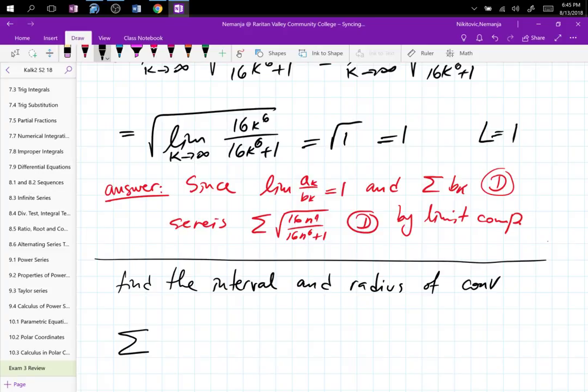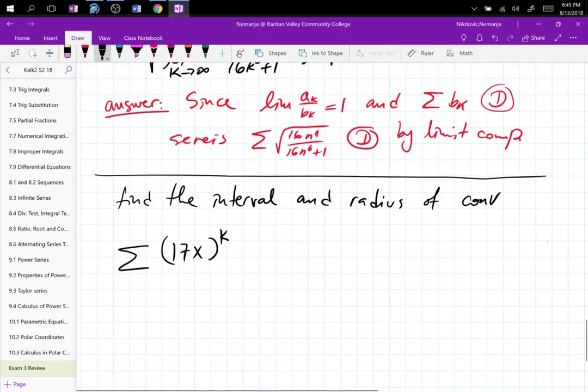That would be 17x to the k, 17x and then that whole thing to the k. Okay. So it converges at 0, and that's it. And radius of convergence is 0. Done. Next. Because there's nothing here.